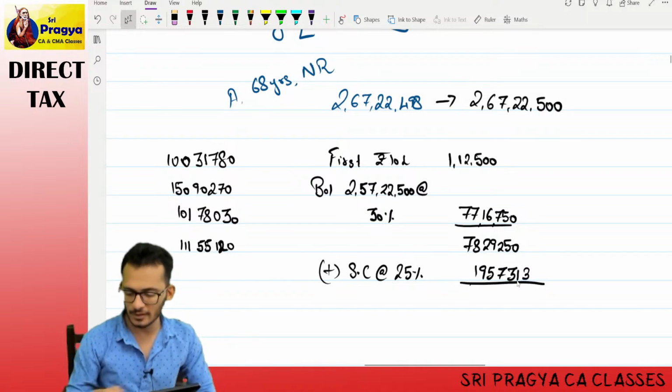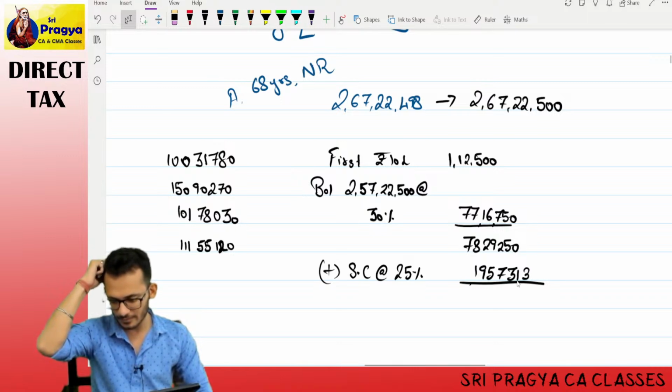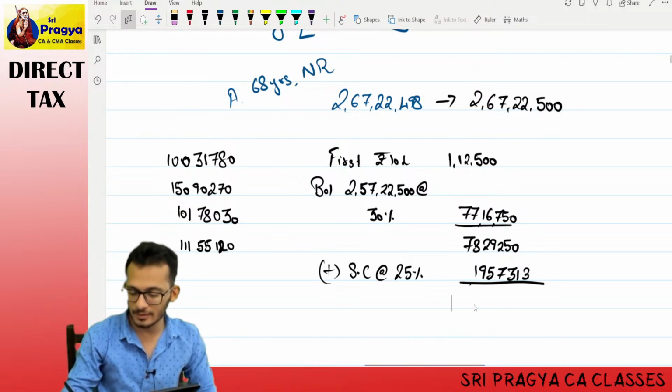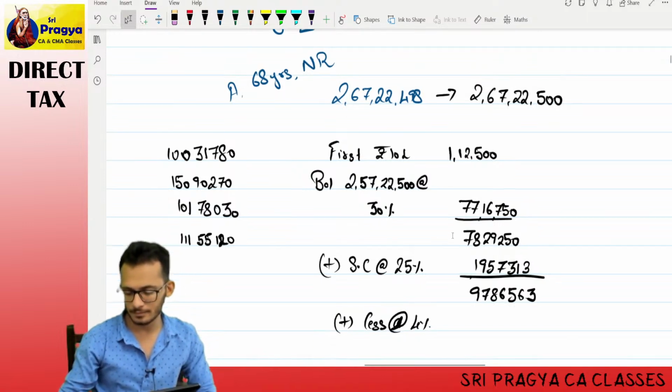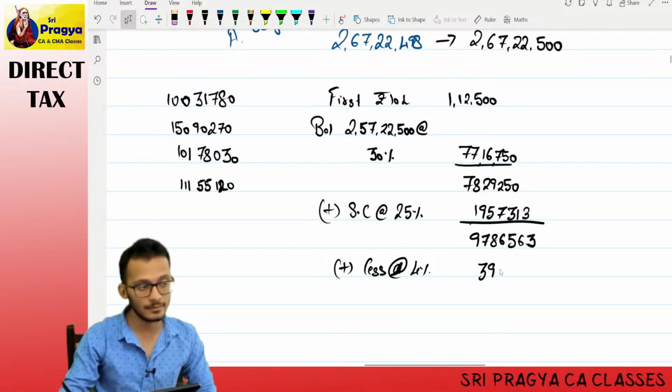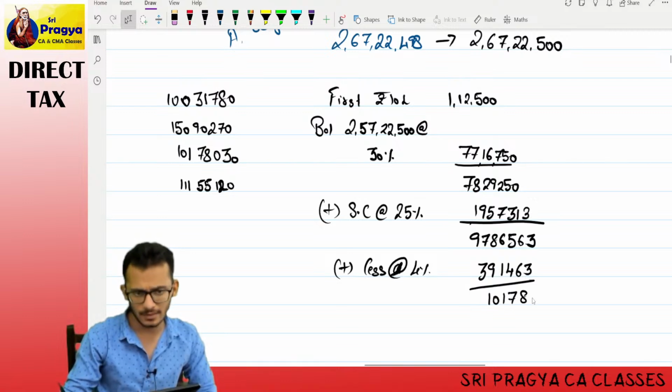Add the numbers: 97,8656. Add cess at the rate of 4%. Number 3,91,463. Total 1,01,78,026, rounded off to 1,01,78,030.